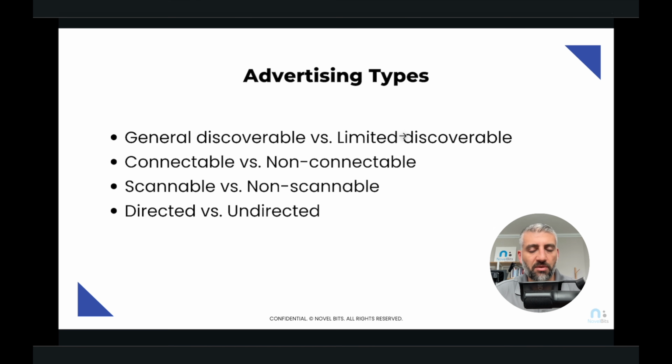So you can imagine that for one device you tell the user to press a button and you go into a limited time period of using limited discoverable, so that the scanner side will be able to prioritize it and display it at the top of the list of devices being discovered. So it's really more of a UI thing than it is at the packet level or in terms of restrictions of what it can do.